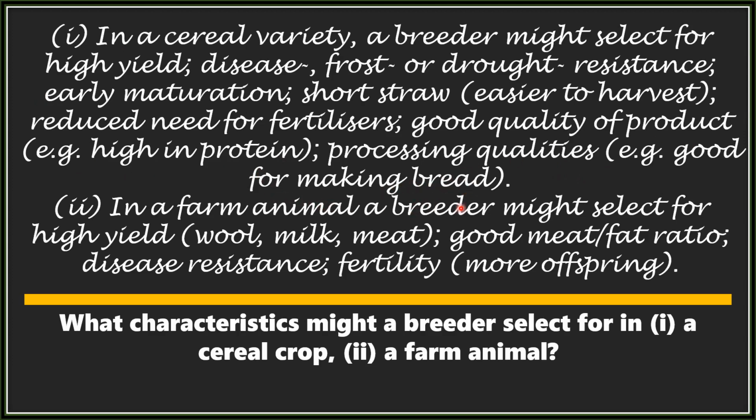In farm animals, a breeder might select for high yield, wool, milk, meat, good meat fat ratio, disease resistance, fertility, that is more offspring.